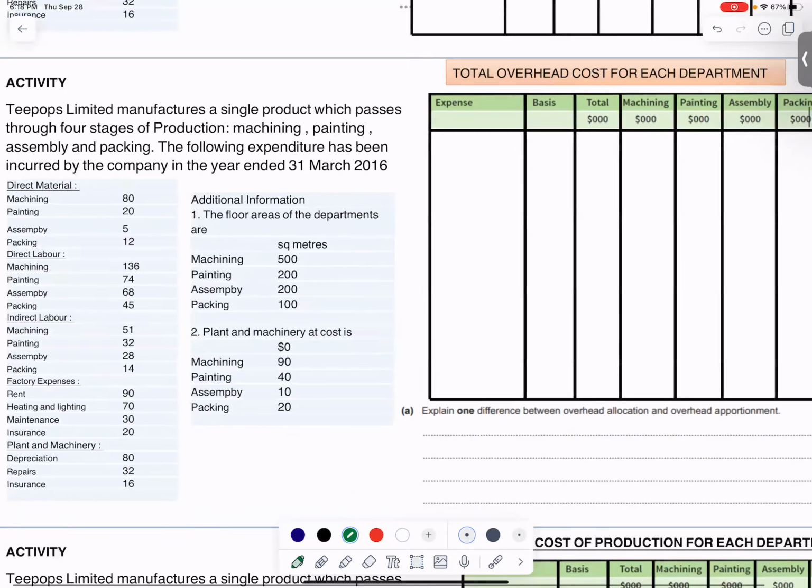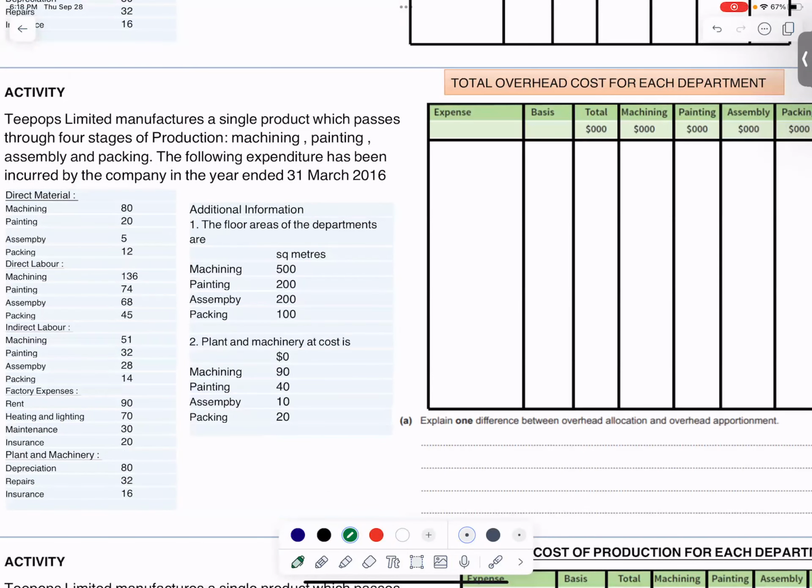Come on. Now, overhead cost for each department. Are you all with me? Direct material is done. Direct labor is done. What are my overhead costs? One is indirect labor. Indirect labor is directly allocation.